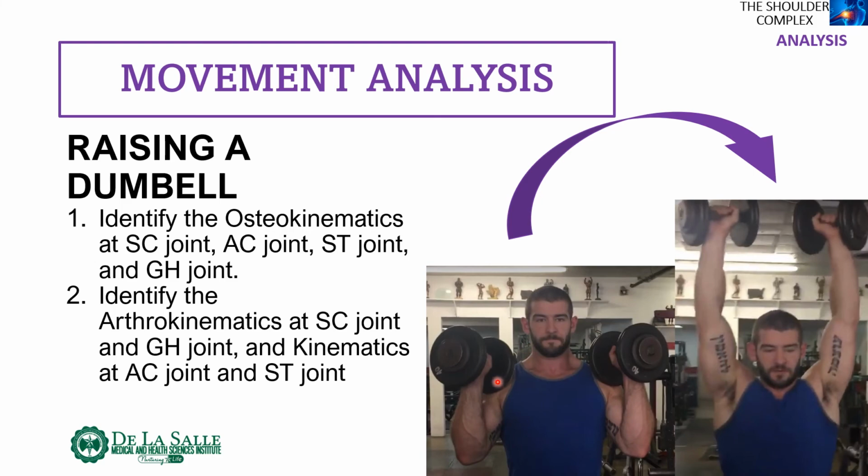Okay, so as to the planes of motion and axis of rotation, for the sternoclavicular joint during elevation, that is frontal plane and z-axis. For transverse rotation, that is sagittal plane and x-axis. Then for the flexion at the glenohumeral joint, that is sagittal plane and x-axis. Upward rotation happens in the frontal plane or scapular plane.